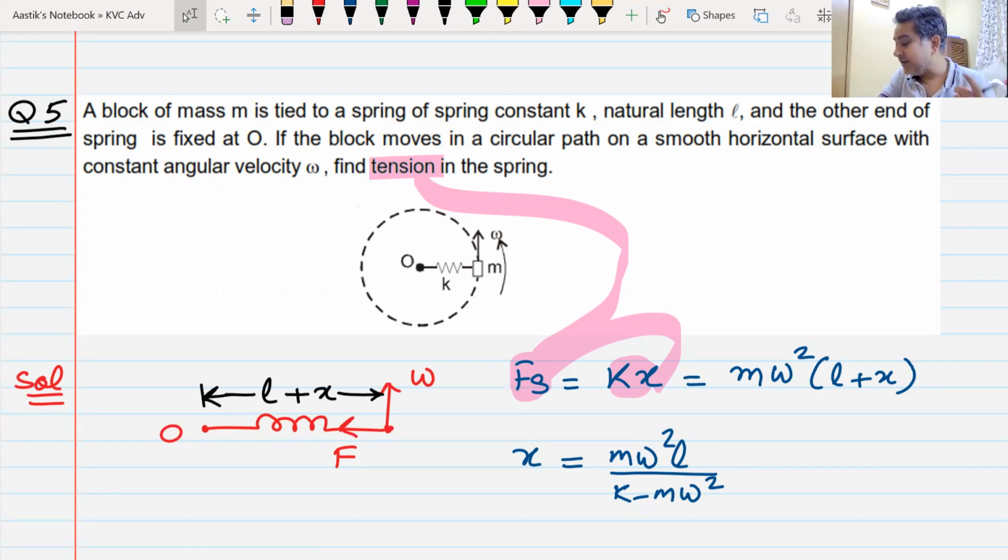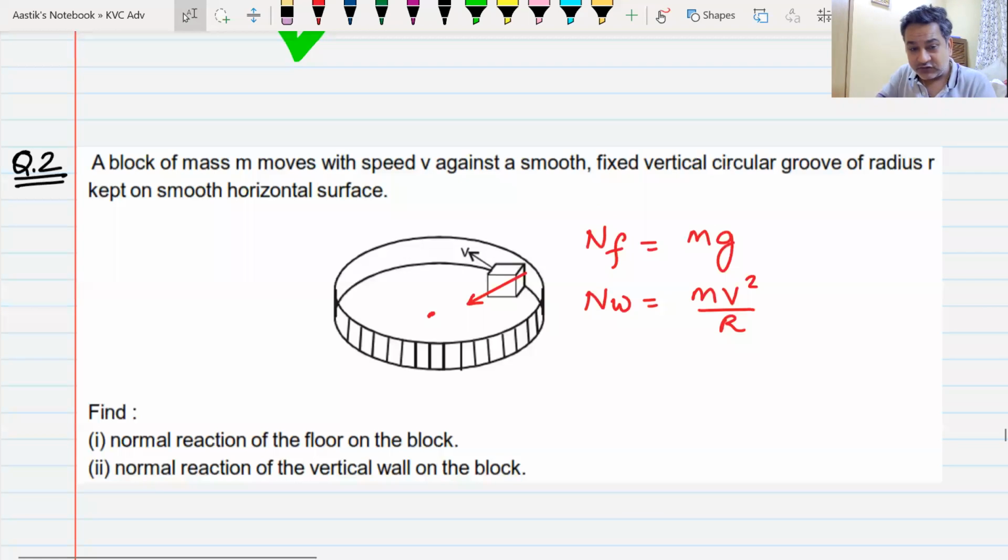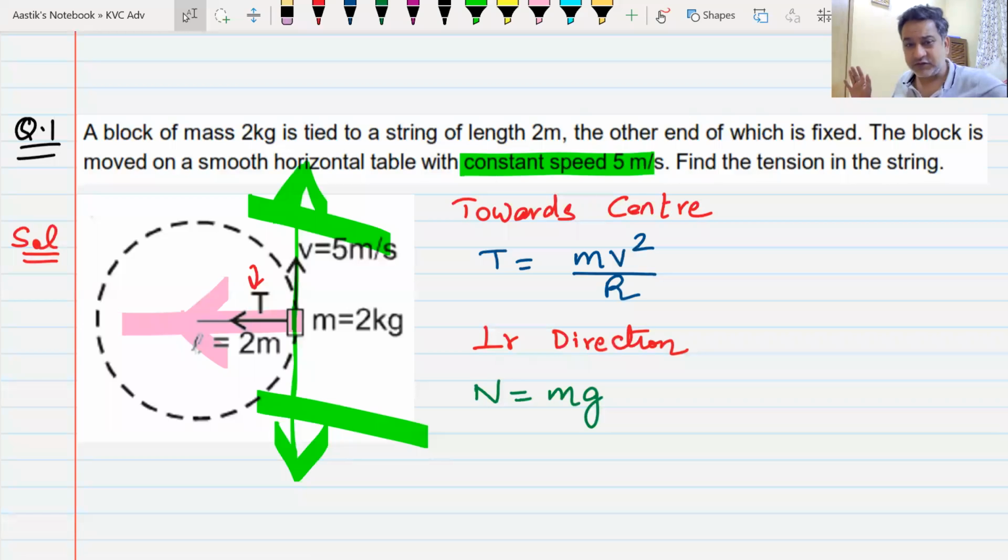The first question that we did in the class is also the same. Here the job of static friction is done by the normal reaction from the wall. All these questions are exactly similar to each other. Here the work of static friction is done by tension, and tension is fixed. That is why you move with a fixed velocity.